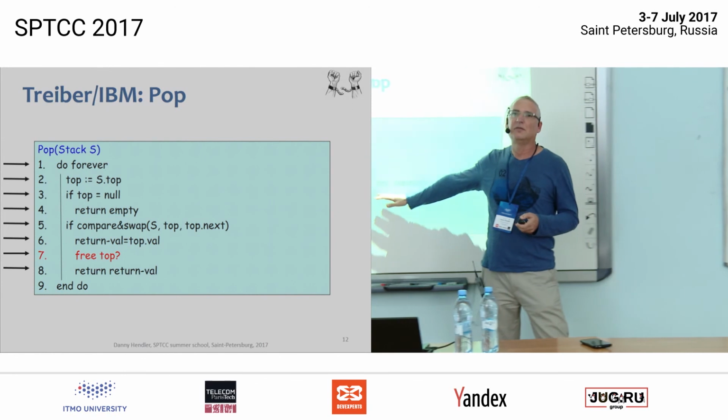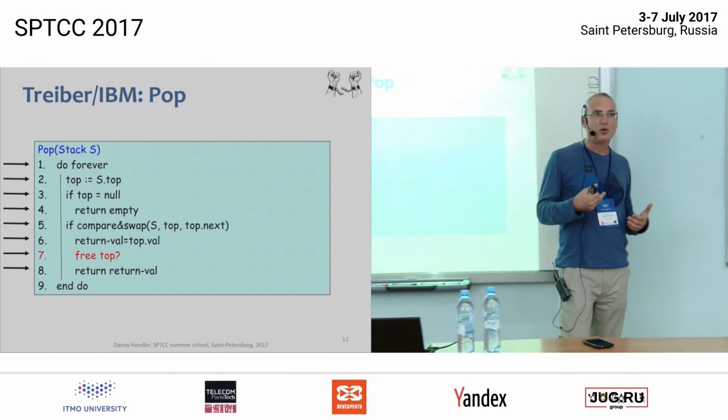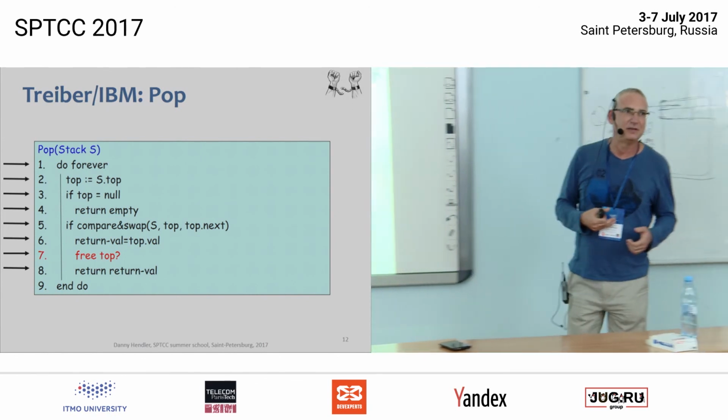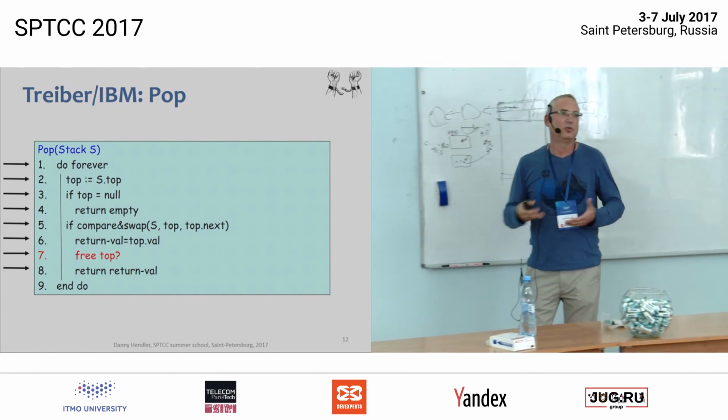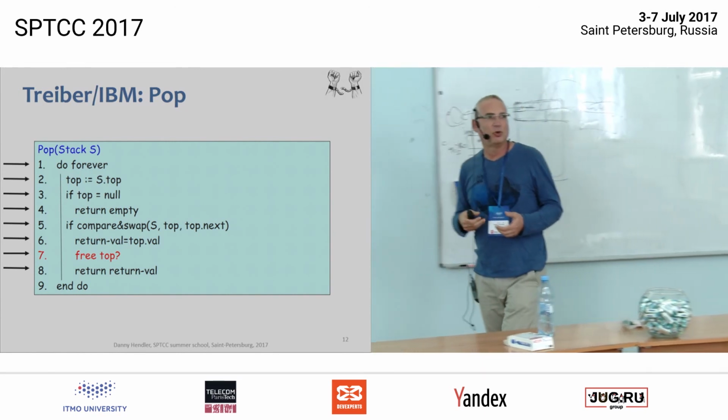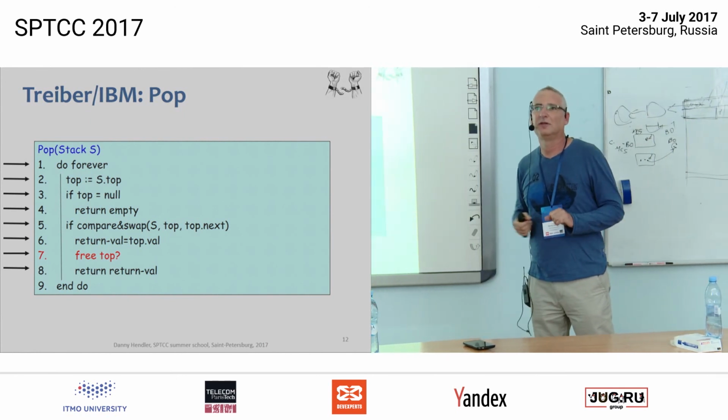So we will fail, but if we fail, this is only because another operation succeeded to change top. So another operation will succeed in completing. So we do have global progress.